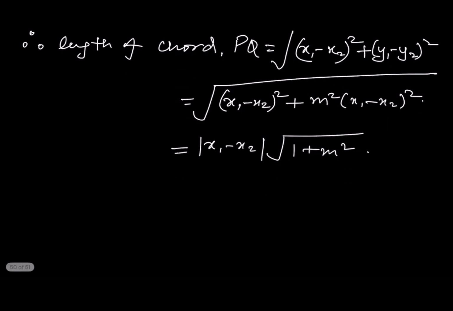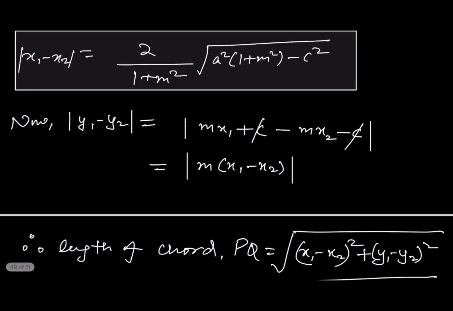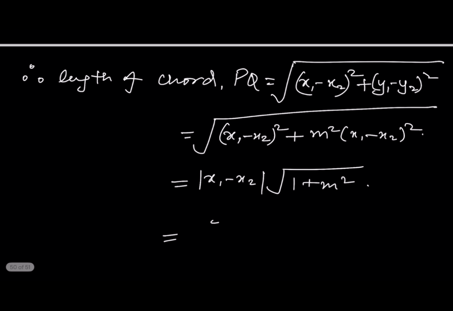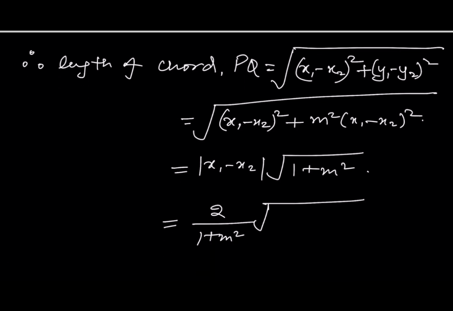And we know what is mod of x1 minus x2, which is 2 upon 1 plus m square times root over a square times (1 plus m square) minus c square, into root over 1 plus m square, right?